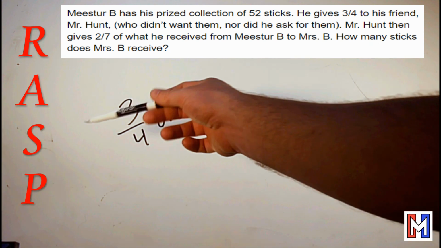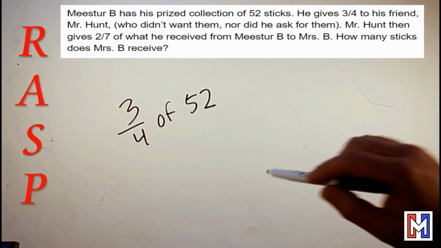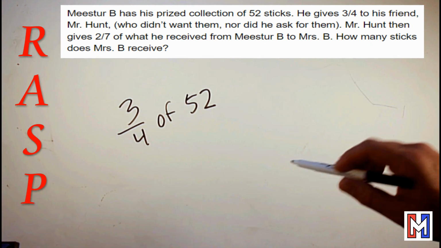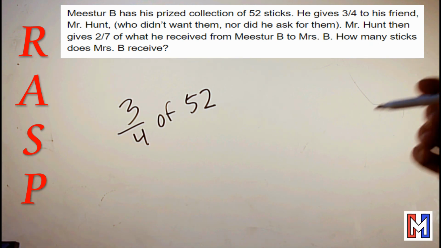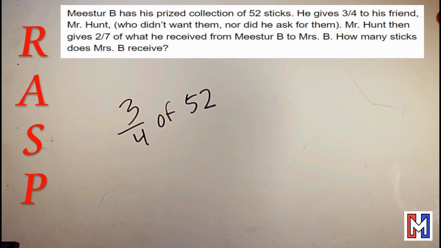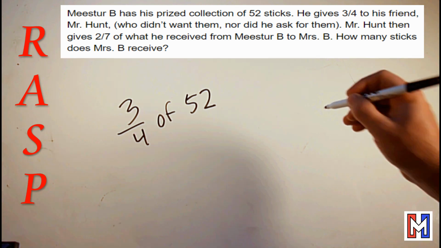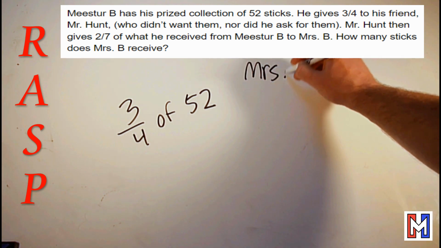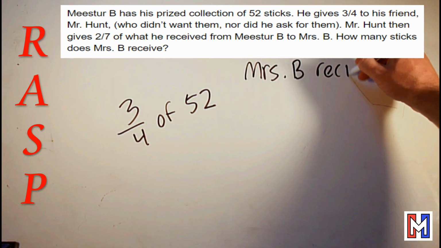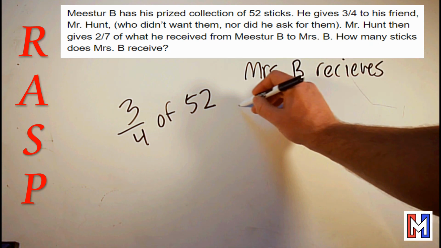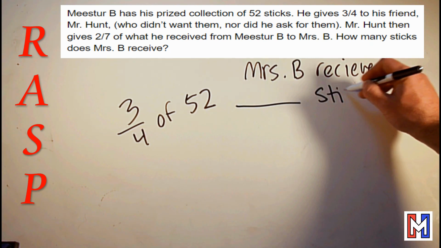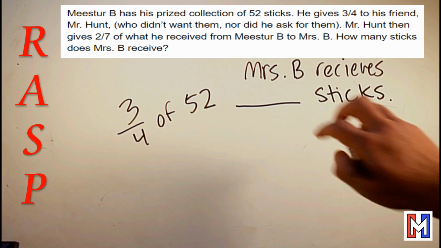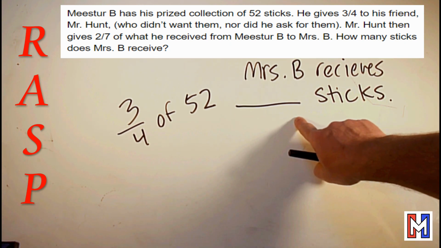All right, so then the next step we have to do is our answer sentence with the unit, okay? So our answer sentence is gonna be, well, the question said, how many sticks does Mrs. B receive? Mrs. B receives blank sticks. I'm putting the blank there because that's the number we have to put in.